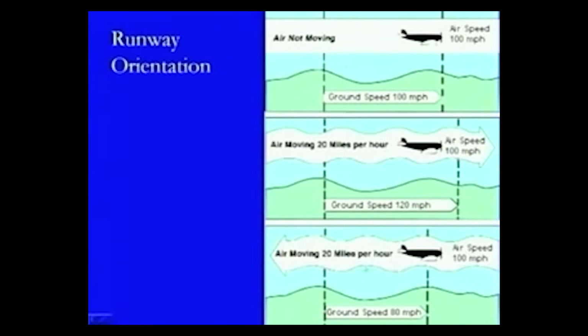Similarly, when the air is moving at the same 20 miles per hour, but opposite to the direction of the movement of the aircraft, then the ground speed will be coming as 80 miles per hour. This is because of the relative phenomena of the velocity which is being considered here, so as to find out the absolute velocity. So, that is how the ground speed or the air speed can be computed given the two other values to us.